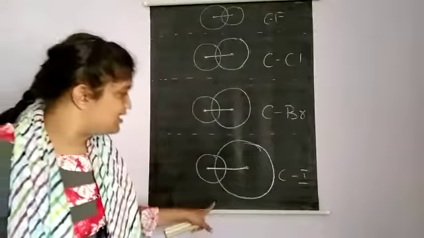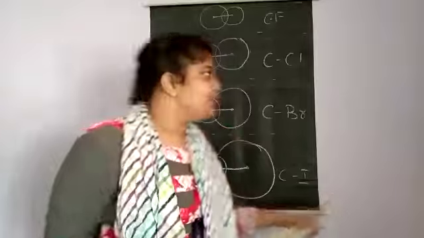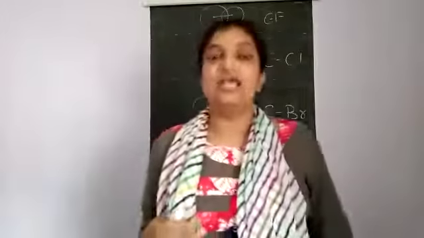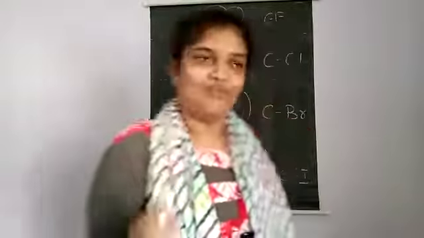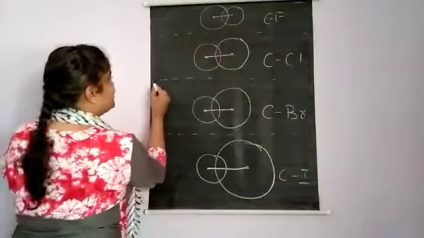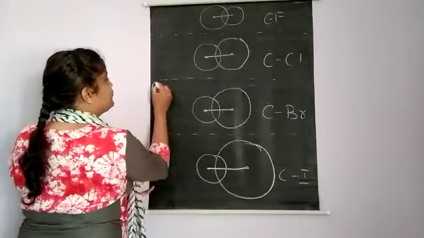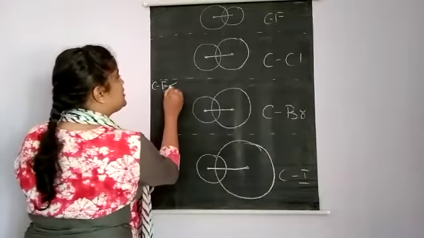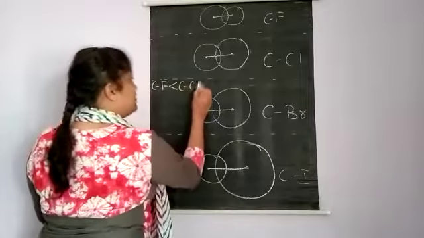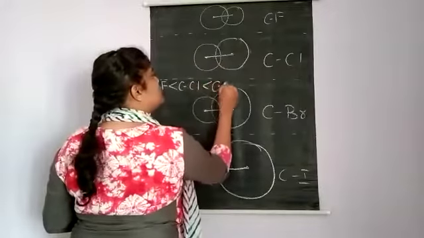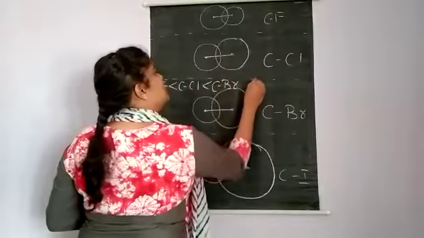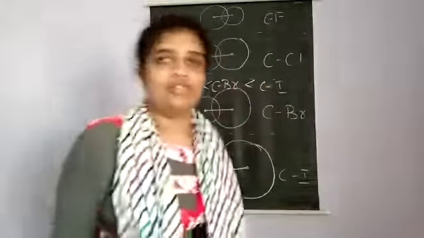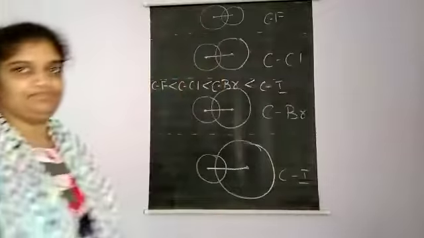So you should know one thing, students: if they ask you the order of bond length, you have to always say that the bond length of carbon-fluorine will be very less when compared to carbon-chlorine, which is lesser than carbon-bromine, which is lesser than carbon-iodine. This is the bond length order.